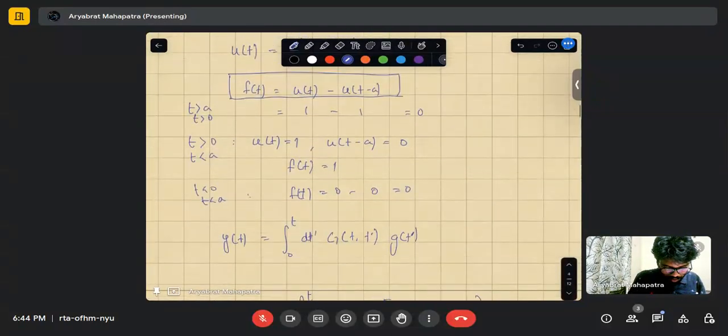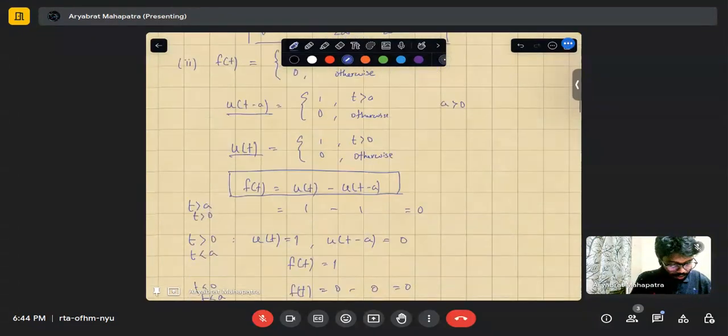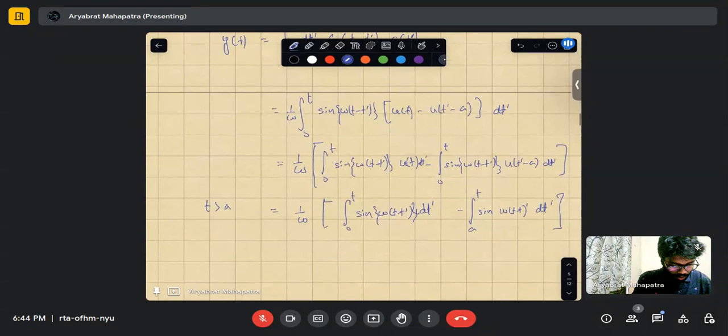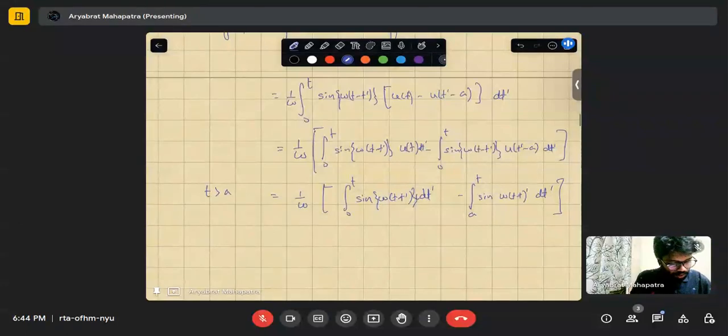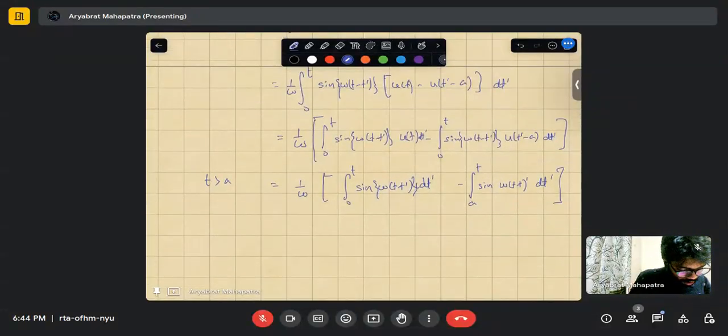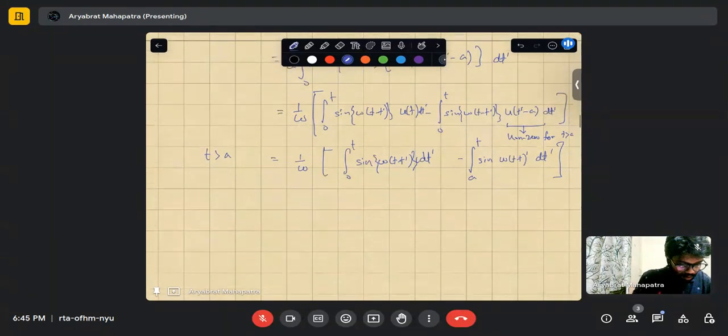I'm using the idea of the step function which I have given here, and accordingly you split the integral. You will see that for t greater than a, the integral will only survive between a to t for the second term, because only when t is greater than a is this step function non-zero. So that is why I'm doing this right here.